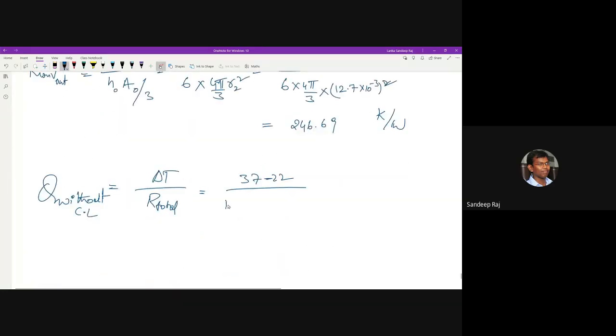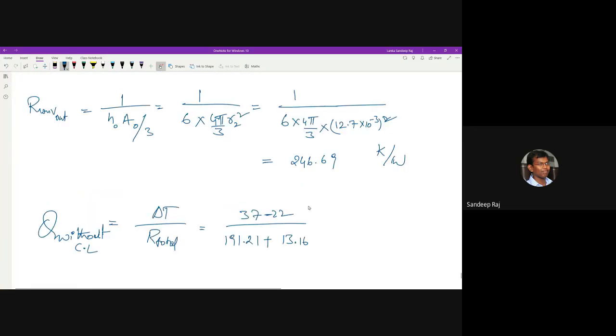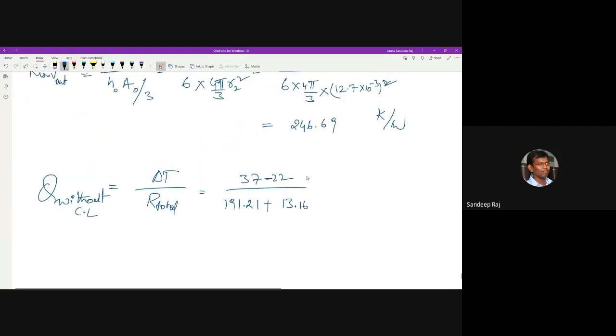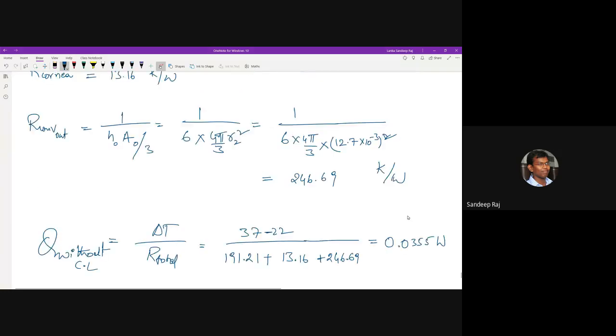It is 191.21 plus 13.16 plus 246.69. So tell me what is this value? 0.0355 watts. So that is the value.